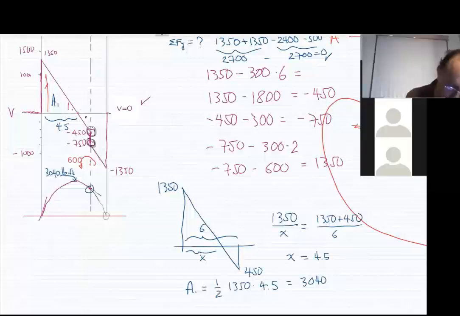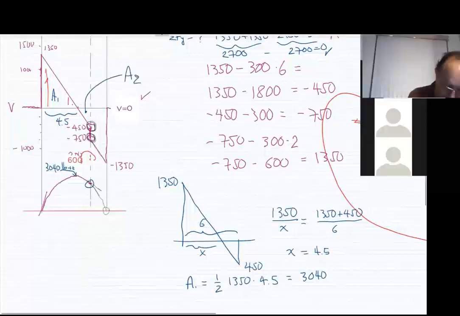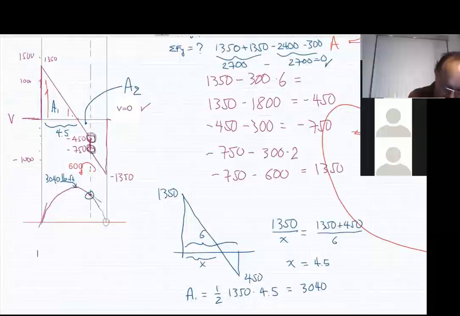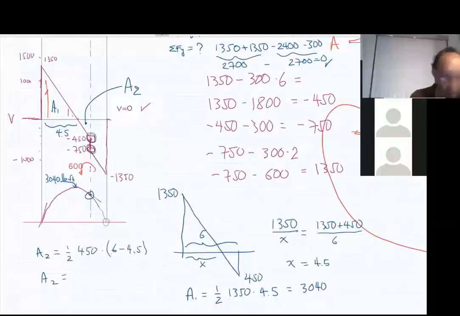And then this point here, you want to find that point, so let's call this area 2. Area 2 is equal to 1/2 of 450 times 1.5. Well, to be more specific, it will be 6 minus 4.5. So area 2 is equal to 340.